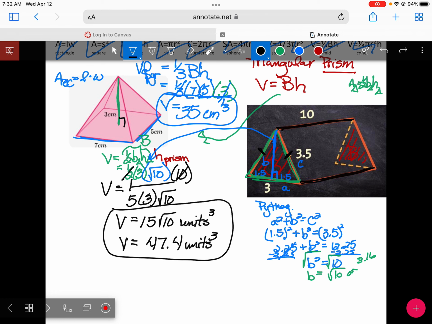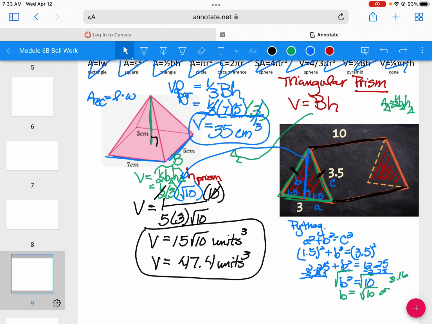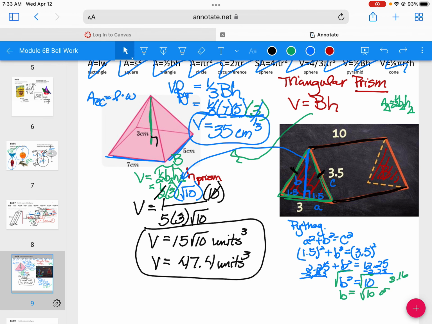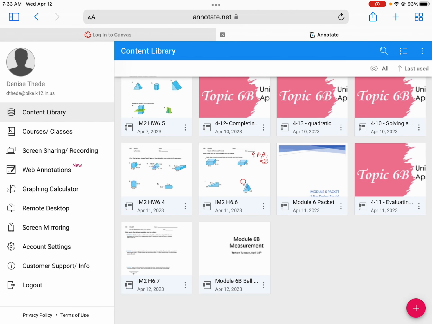All right, so let's go to page 30 or 29. I'm not sure where it's at on yours. It's cut off on mine. We are talking about volume of cylinders to start with. It's either 29 or 30.